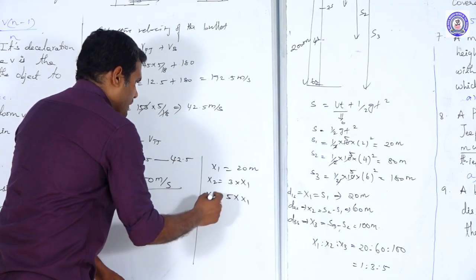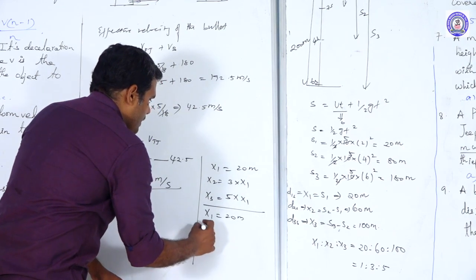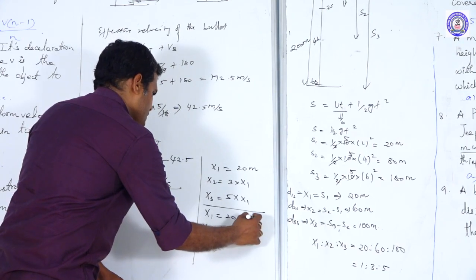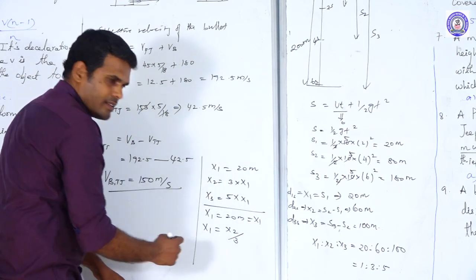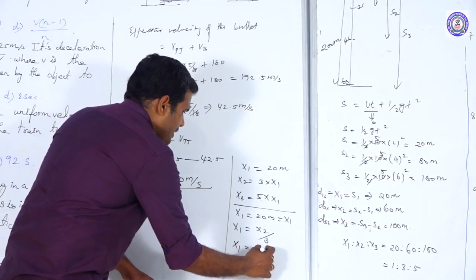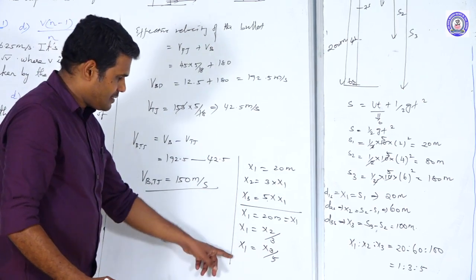So x1 is 20 meter. Here I can write x1 is equal to x2 divided by 3. And from the third expression, x1 is equal to x3 divided by 5. All these are equal.